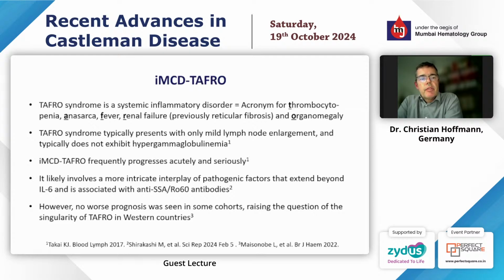And the TAFRO syndrome typically presents with only mild lymph nodes, but frequently progresses very seriously, aggressively, acutely, and it likely involves more pathogenic factors than IL-6, associated with several Sjögren antibodies. However, in Western countries, it is questioned whether TAFRO syndrome is an entity because there was no worse prognosis, for example, in a French cohort. So this is open for discussion.